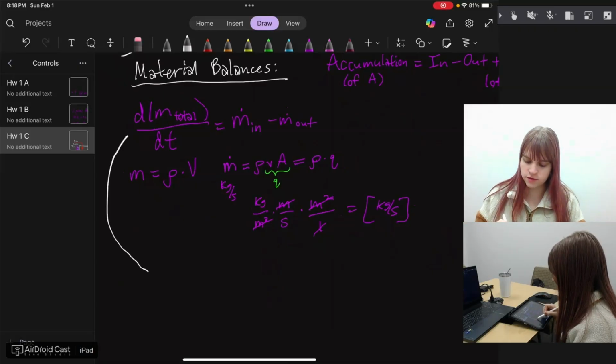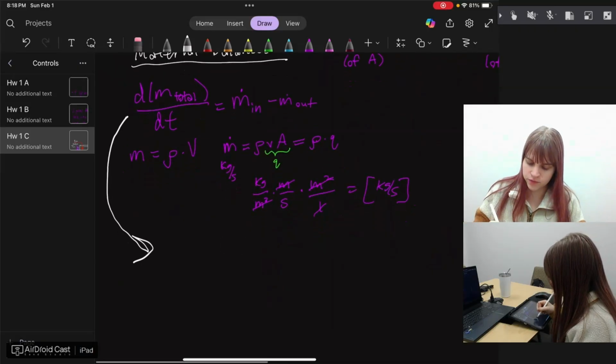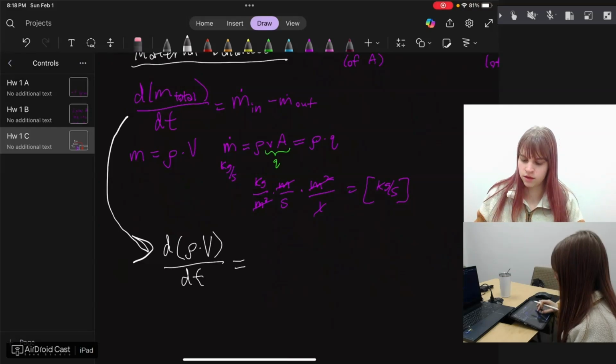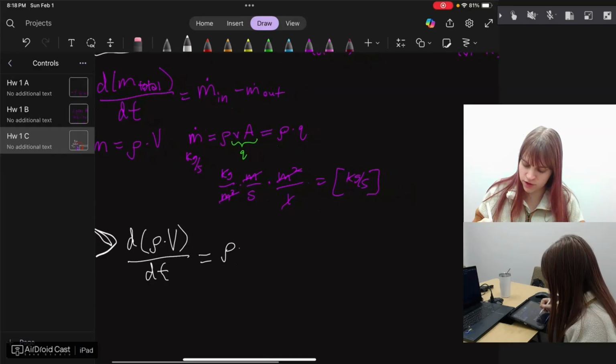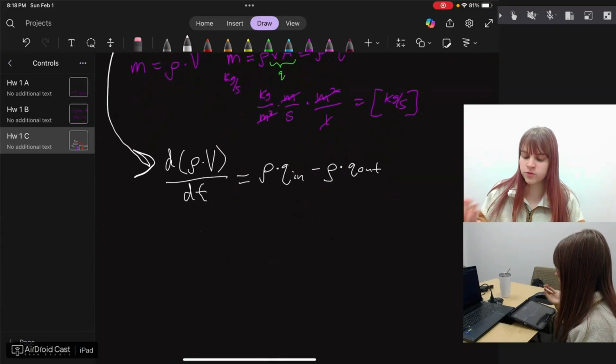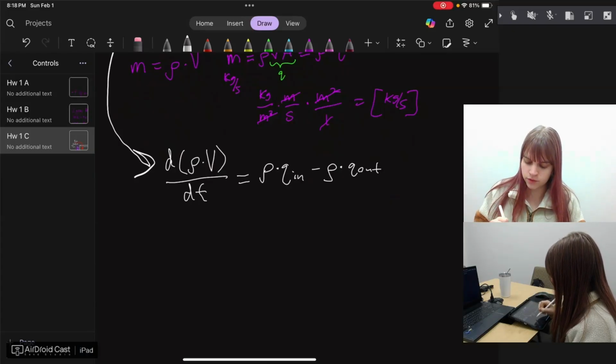So from this, what we want to say is, as mass changes, this is rho times volume over time, and then we take the rho times Q in minus the rho times Q out. For this problem, we will assume that the density is constant, so I'm going to go ahead and pull the density out there.